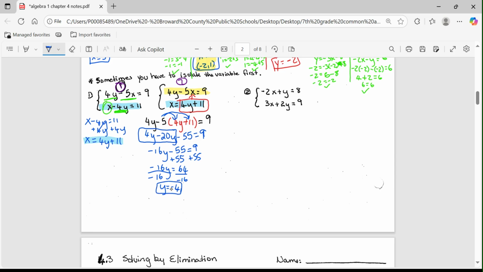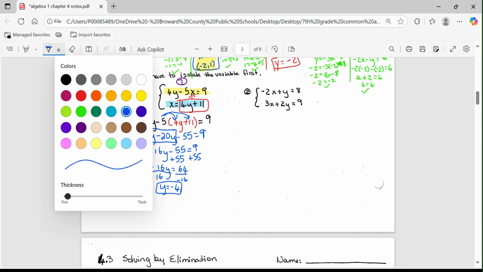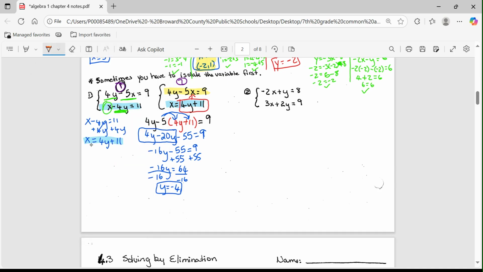Now that I know y is equal to negative 4, I'm going to go ahead and find x. Well, I already have x isolated. That's my blue formula, my blue second one here down at the bottom. X is equal to 4y plus 11. So whatever my y is, I'm now substituting that in.